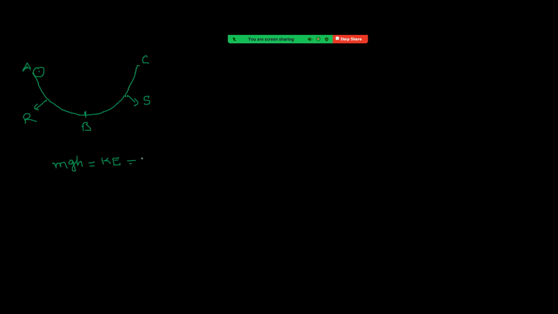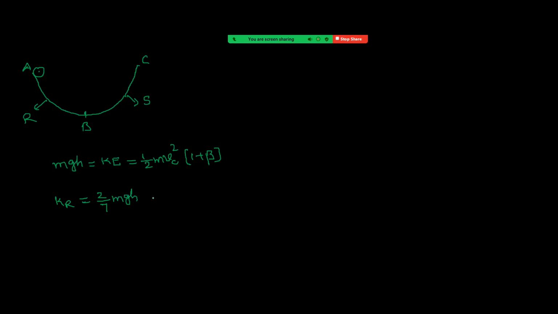This is equal to half m vcm square, where vcm is speed of center of mass, into 1 plus beta, right? Now in this first part, half m vcm square into 1, that is a kinetic energy because of translation. Next part, half m vcm square into beta, that is a kinetic energy because of rotation.